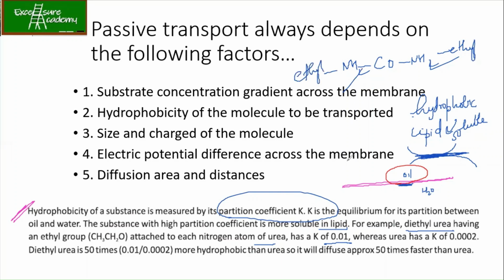So the partition coefficient K of diethyl urea is 0.01, okay. Whereas only urea has, अभी यूरिया क्या था आपका? CONH2 and here NH2, ठीक है. So what is the K over here? 0.0002. Now tell me which has got the higher partition coefficient.